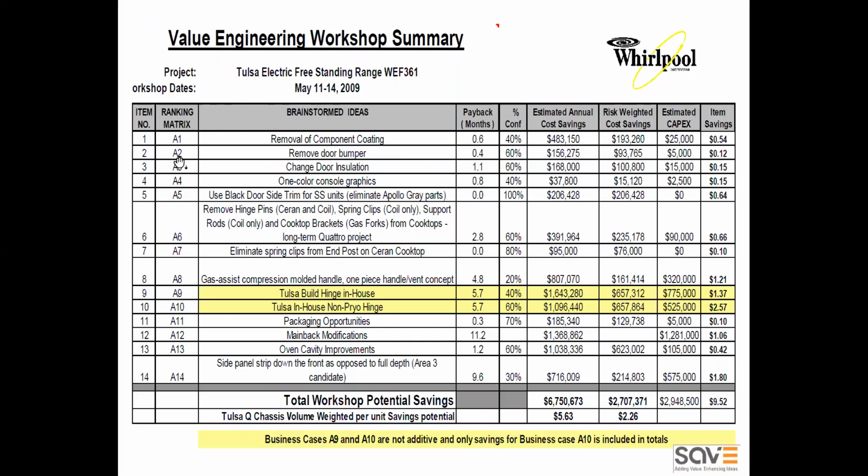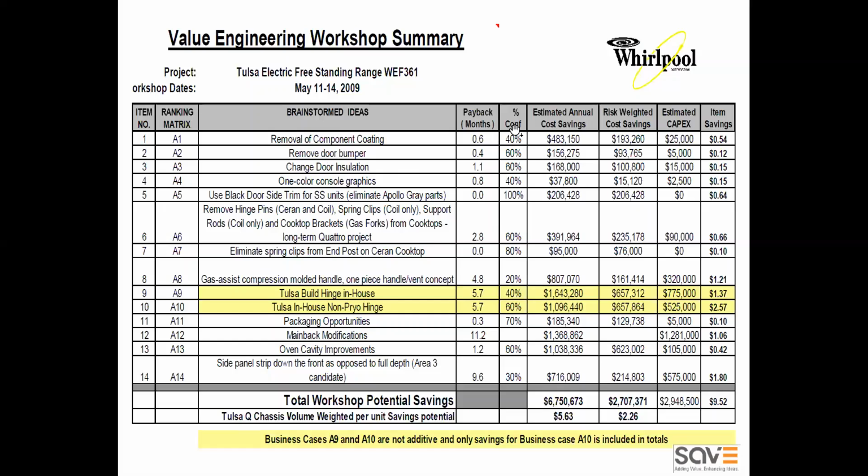So they are ranking the ideas, whatever they generated and brainstormed, whatever ideas they are putting here, and this is the payback period where they will get the profit or the break even. This is the percentage of confidence.